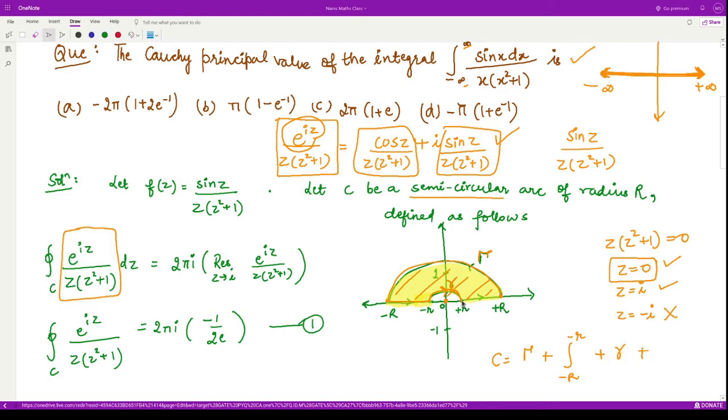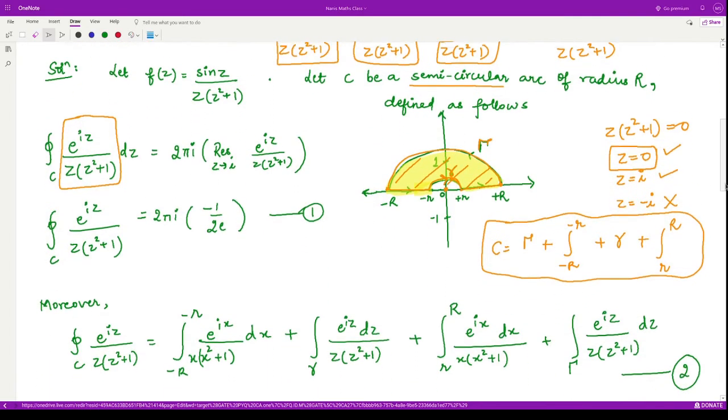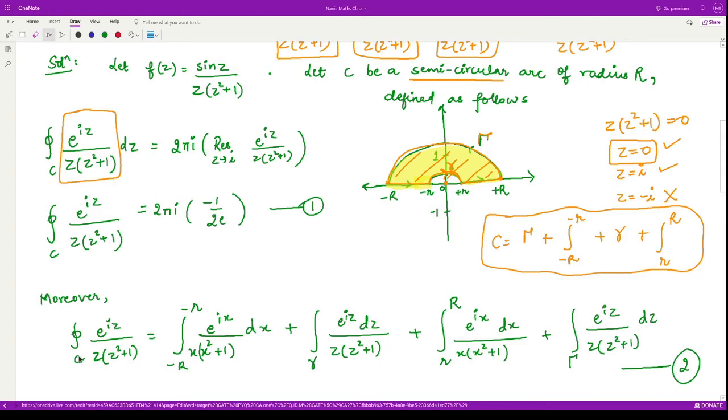And then it would be from plus small r to capital R. So here your C is converted into this form. You can write the integration over the closed curve C of this particular function as these four terms, as I have just discussed.